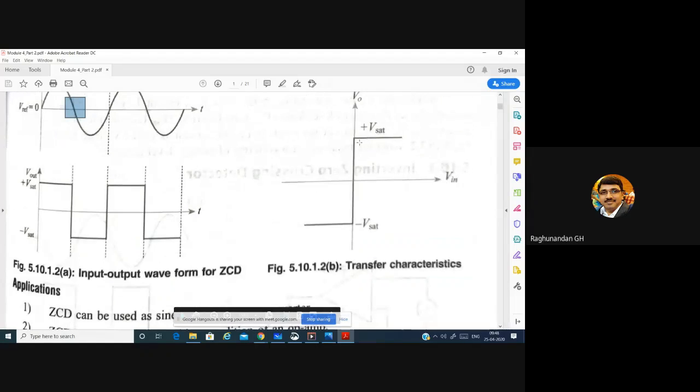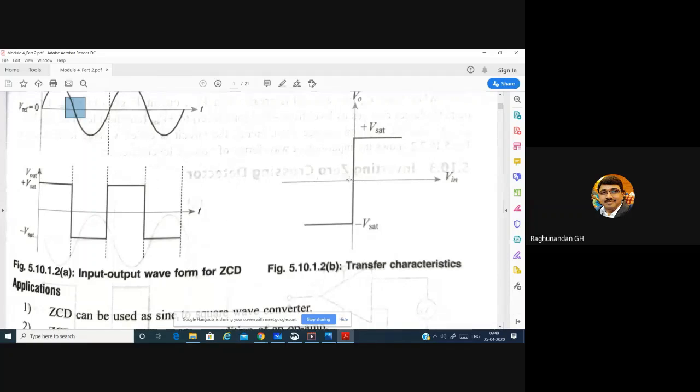You can see here the input signal is positive. This first quadrant is what? Positive input voltage. Second quadrant is what? Negative input voltage. When you have input as positive, the output is also positive.